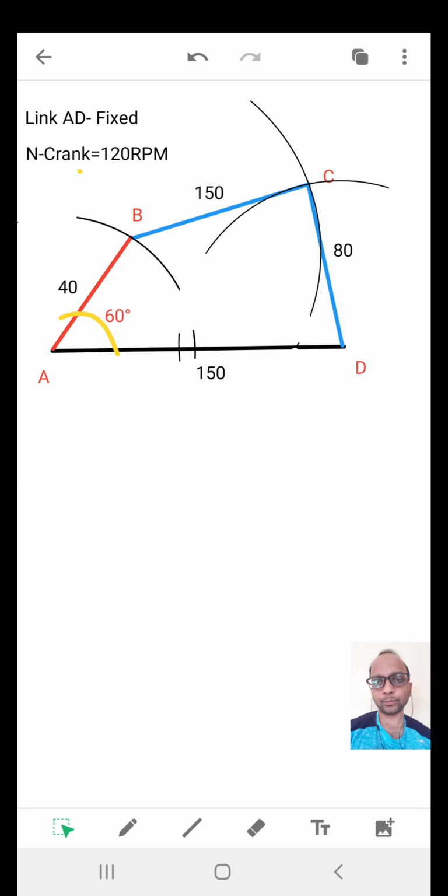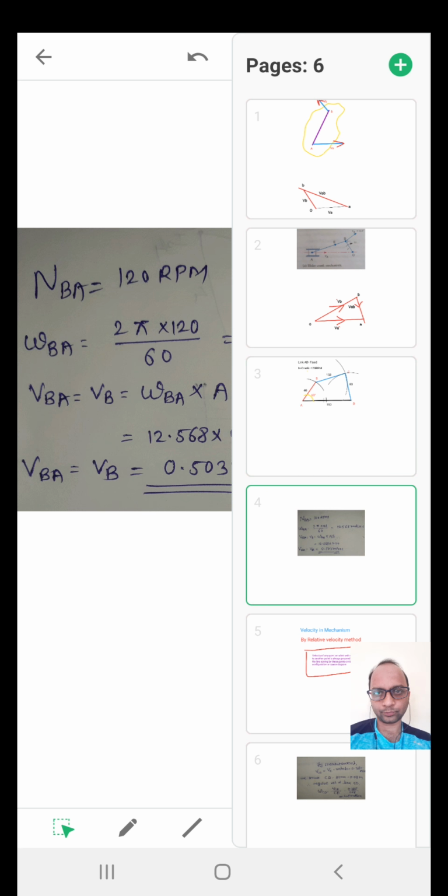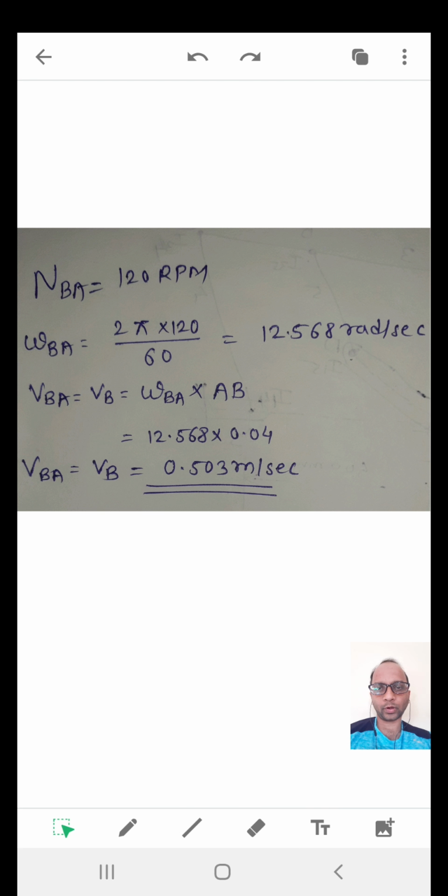In this particular problem, the speed of the crank is 120 rpm. So first of all, calculate the velocity of point B by using this speed of BA, which is already given, equal to 120 rpm. So angular velocity of link BA equals 2 pi N upon 60, 2 pi multiplied by 120 divided by 60. So here we get the answer 12.56 radian per second.